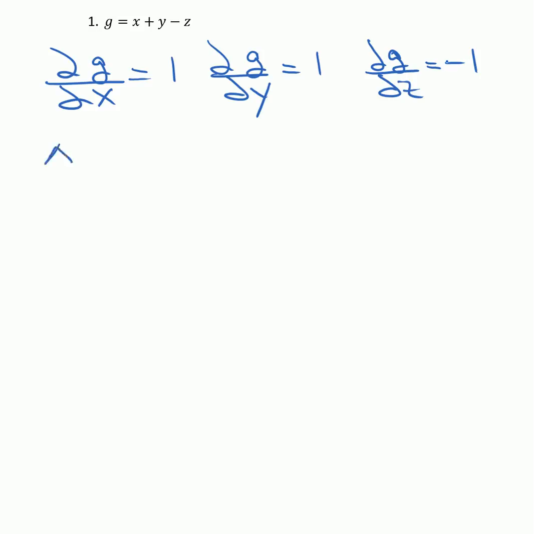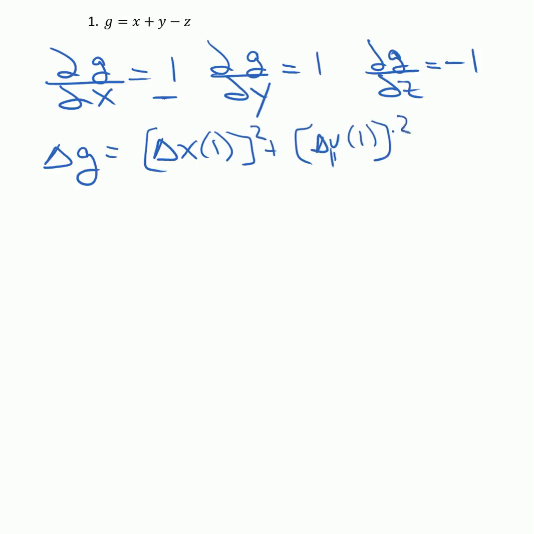Okay, so then the uncertainty in g is equal to the uncertainty in the first variable, delta x, times the derivative, which is 1. We square this, plus the uncertainty in y times the derivative 1, squared again, plus the uncertainty in z times the derivative, squared, all square root.